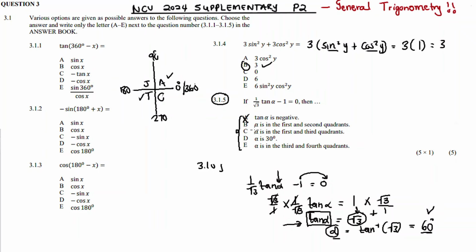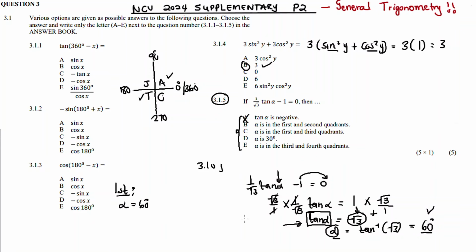Remember, a trigonometric equation will always produce a set of solutions. Before we conclude on B, let me provide the actual solutions to this equation. Since tan is equal to a positive square root of 3, you're going to ask yourself: where is tan positive? It's in the first quad and the third quad. So we have two solutions, one in the first quadrant, alpha equal to 60 degrees.